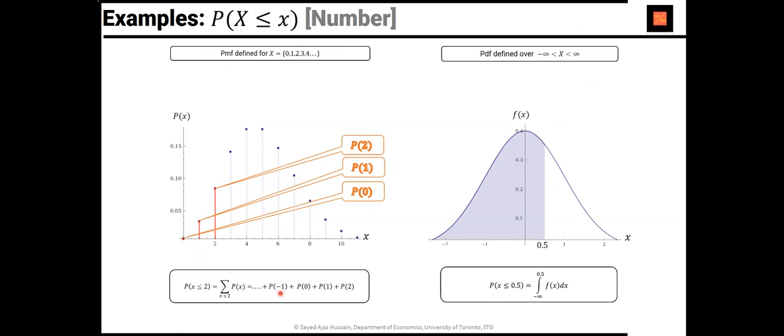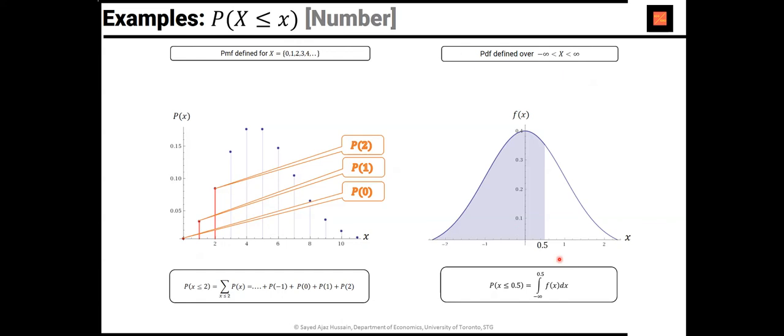You can see that all those probabilities from minus infinity to, quote unquote, minus 1 for integer values would be 0. Once you hit 0, you can see that there's some mass. So you would add the probability of 0 plus the probability mass at 1 plus the probability mass at 2. And this would give you the probability that this random variable x takes on a value less than or equal to 2.